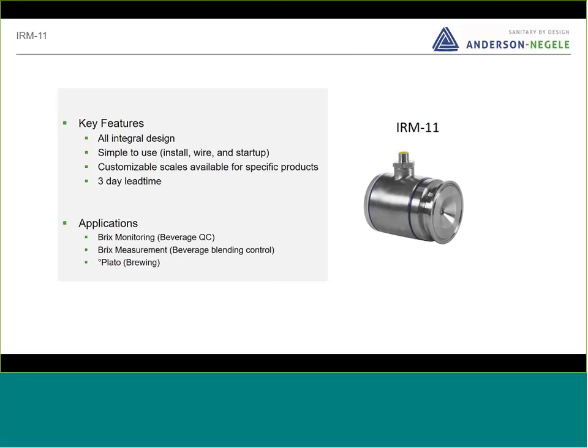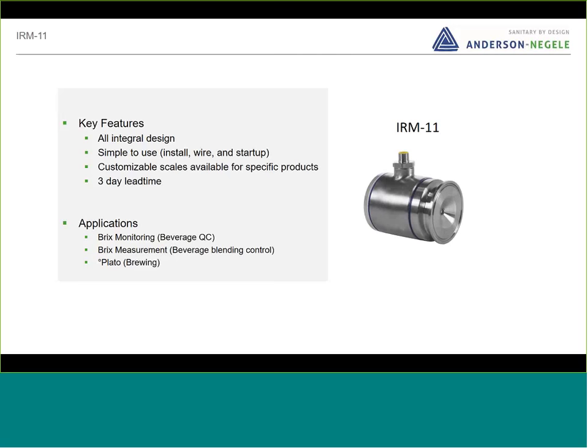Typical applications, or where we expect that you're going to start to see activity with this. Number one is going to be Brix monitoring. In this case, this is a facility where they're running a process, and the habit is to have someone drawing a sample periodically, whether that's once every 20 minutes or every 30 minutes. They're pulling that sample and checking the Brix to make sure that the product is maintaining specification.